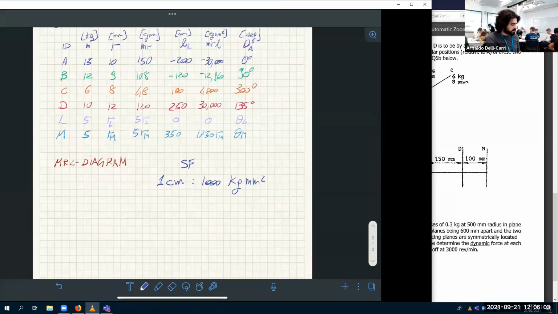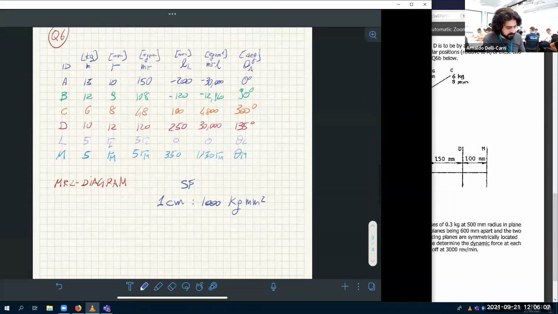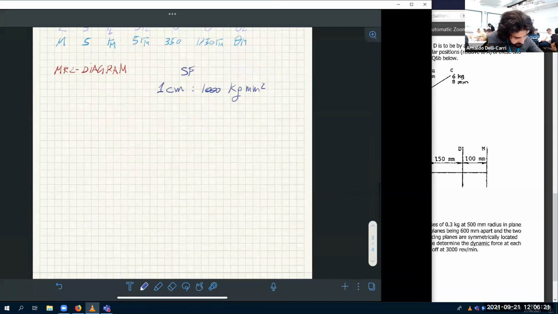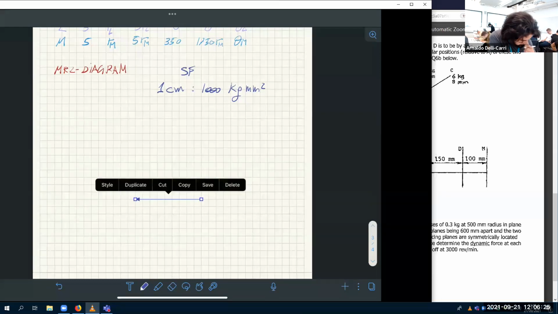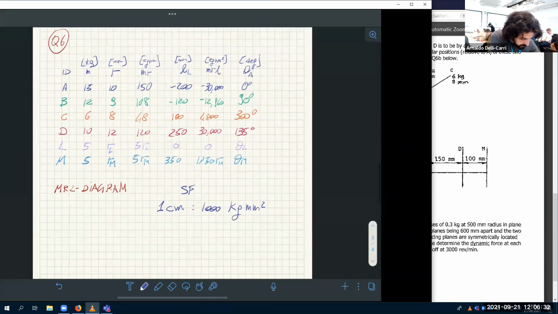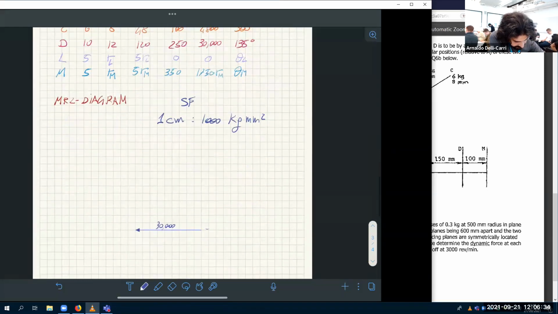Yes. And I'll show you. So you have to draw a 30,000 vector at 0 degrees, but it's negative, so it's 180 degrees. So I'm doing this now. It's 30, like this. So this is 30,000 at 180.